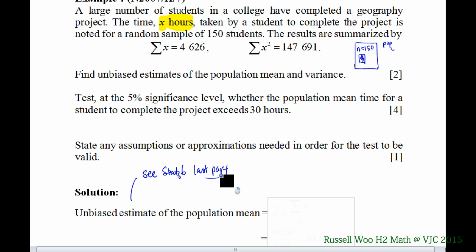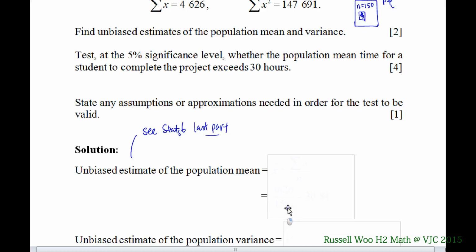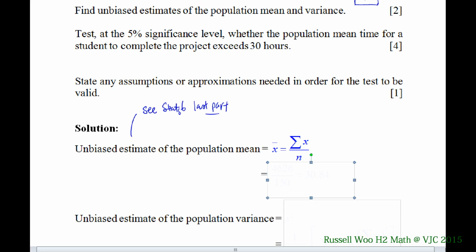You take 4626, divide by 150. There you go, answer. You get 4626 divided by 150, which is 30.8.